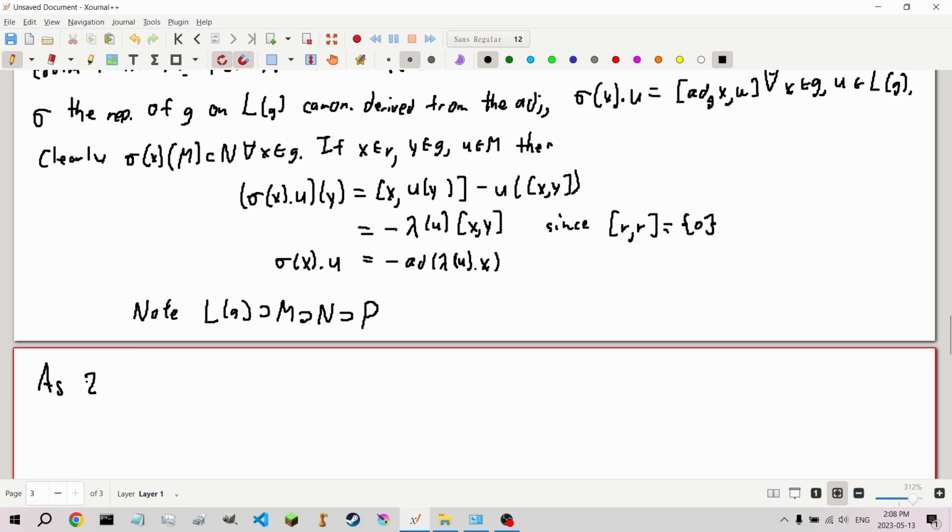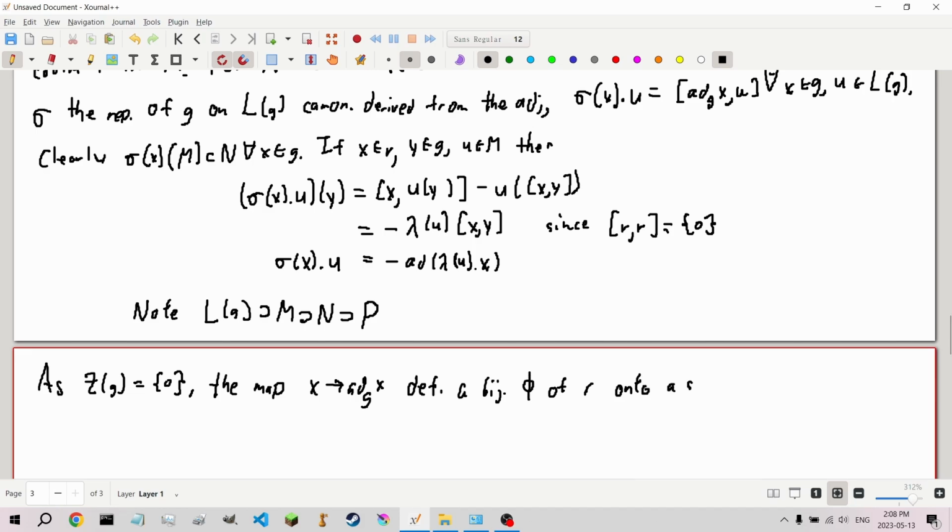As the center of G is 0, the mapping of x to the adjoint of x defines a bijection of R onto a subspace.